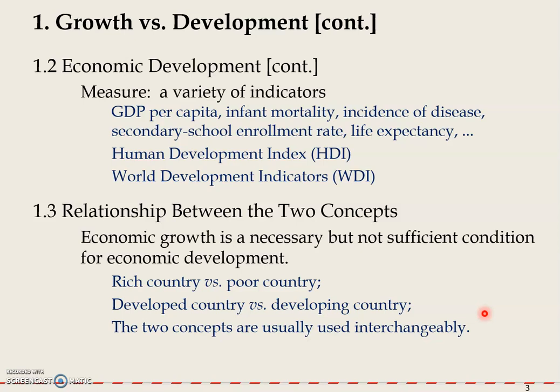So again, in this course, we would probably do the same thing, using them interchangeably. But even so, I still want you, just like a well-educated econ student, to understand the differences between these two words, or the two concepts.